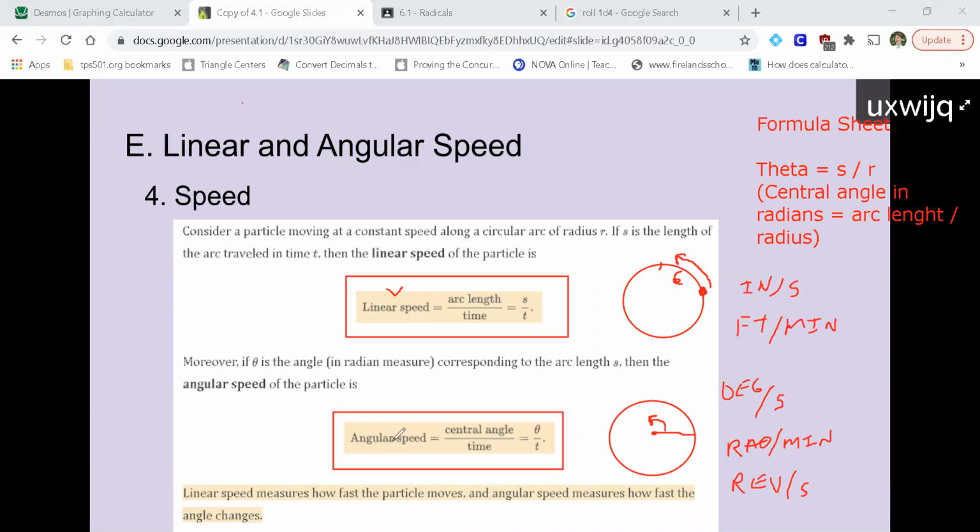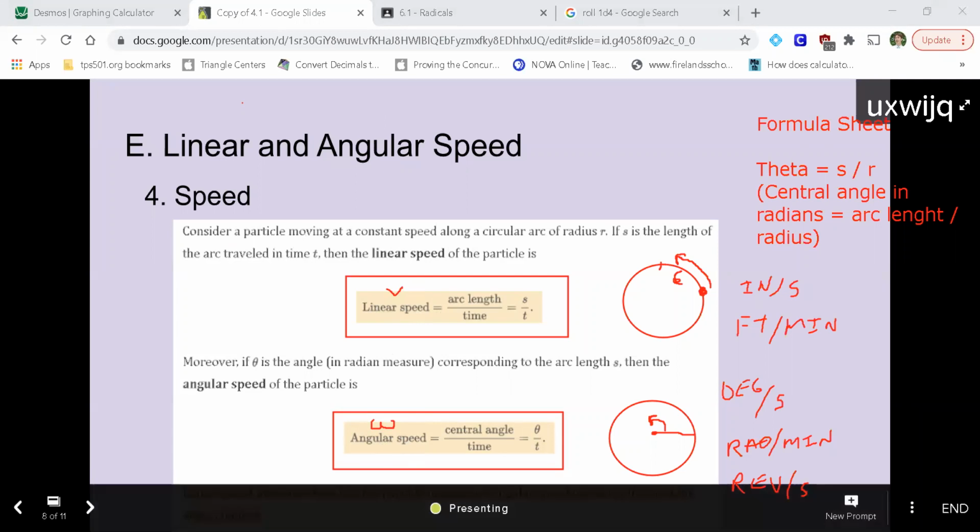And for angular speed, we use the Greek letter. It kind of looks like a W, but more curvy. It's like a weirder W. I think that's called sigma. Is that the right one? What is that symbol? I think it's sigma. No, it's not sigma.